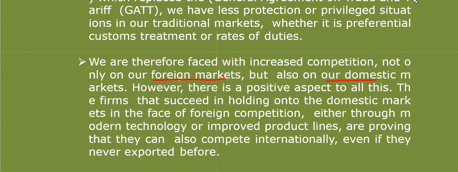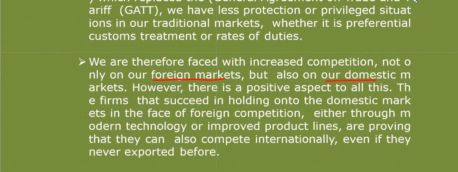So, as a company which has no experience of exporting, they can jump into new area of exporting their product to other countries. So your competition as a domestic company will be increased because more and more companies jump into your area, because it is easier for them to handle their business in other countries.